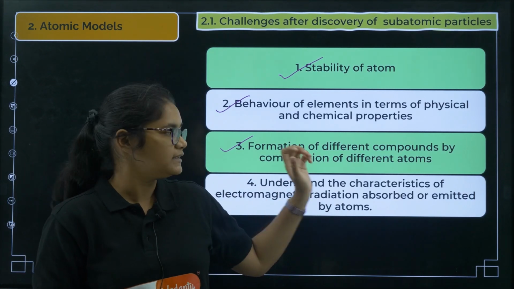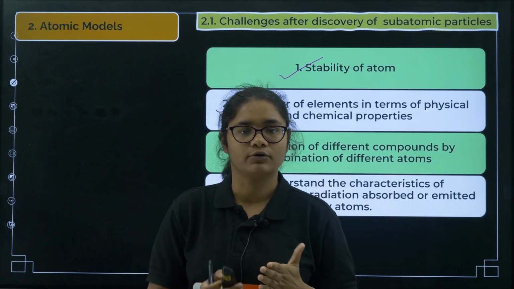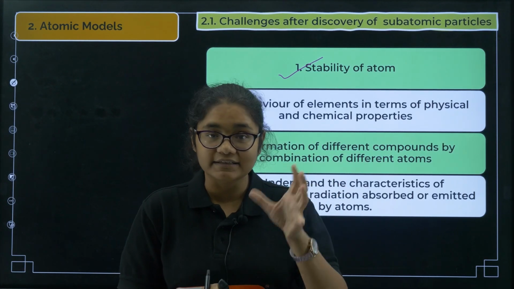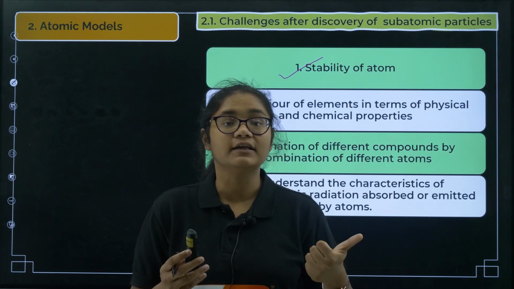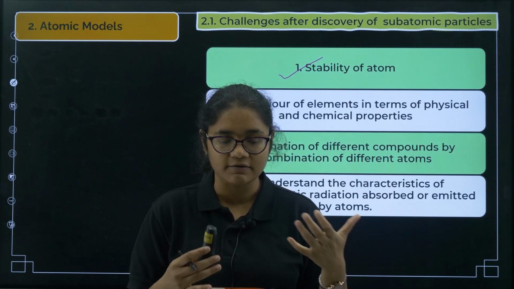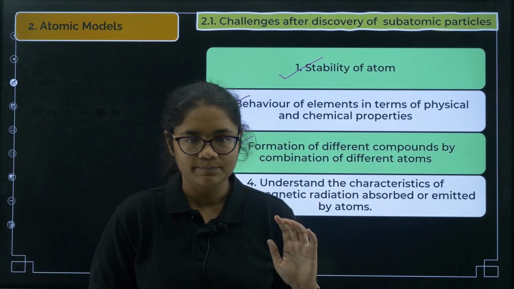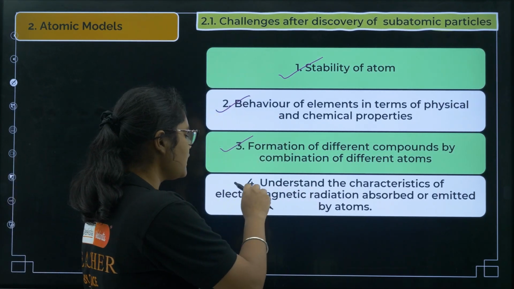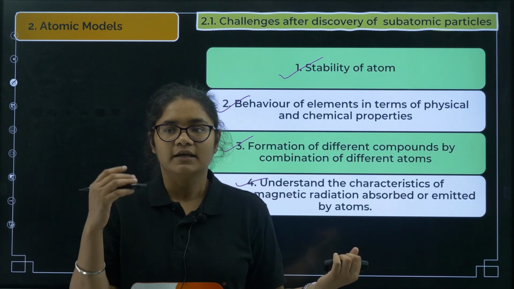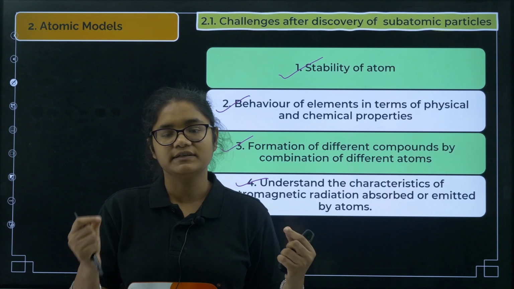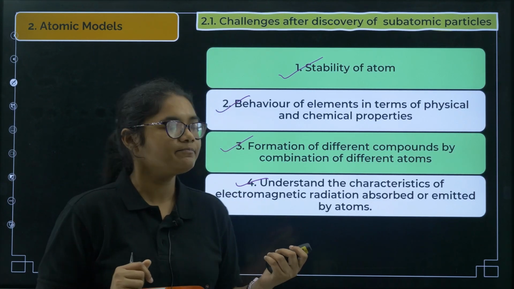So the question is whether the presence of electrons, protons and neutrons is the factor that decides the bonding of these atoms. The fourth one is understanding the spectra of different atoms: is it influenced by the presence of these electrons, protons and neutrons?